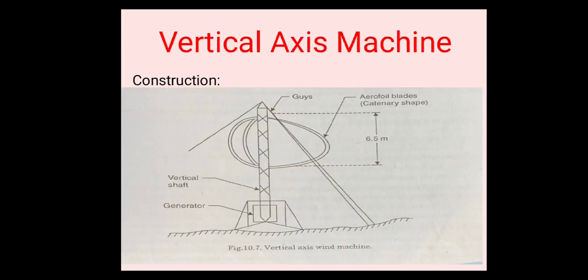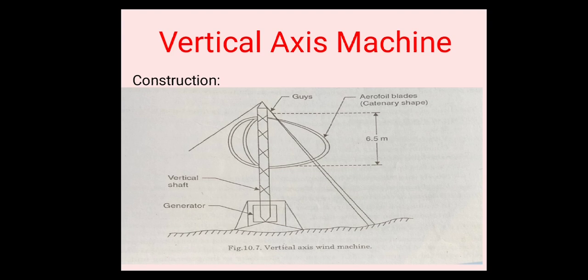In this slide, we start the discussion of vertical axis machine. First, see the construction of this vertical axis machine. Various parts and components are there, and already these parts and components are explained in the part 1 video lecture. Vertical axis machine has its blades rotating on an axis perpendicular to the ground.